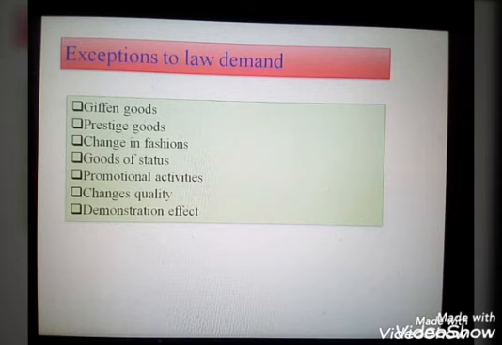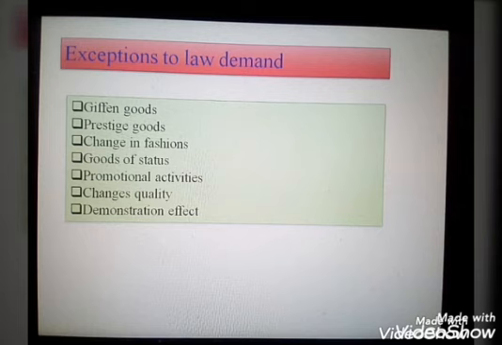Promotional activities. Promotional activities include advertisement, sales promotion, etc., which persuade the customers to buy the product. So when customers are attracted to certain products without bothering about the price, they will definitely buy it.